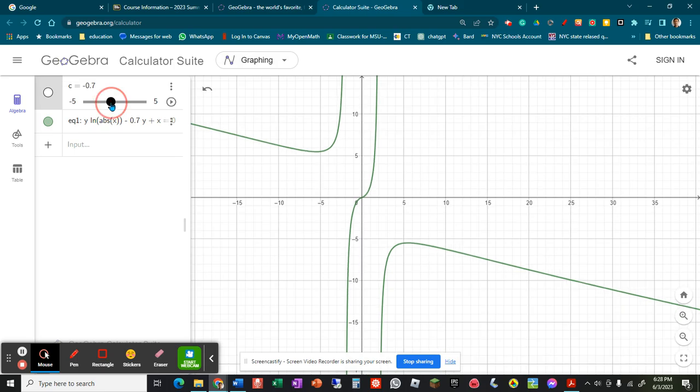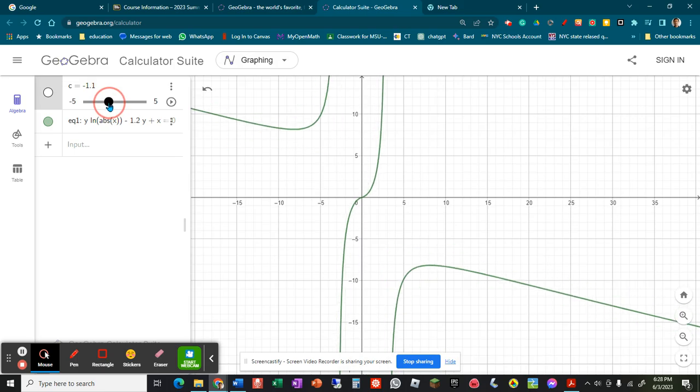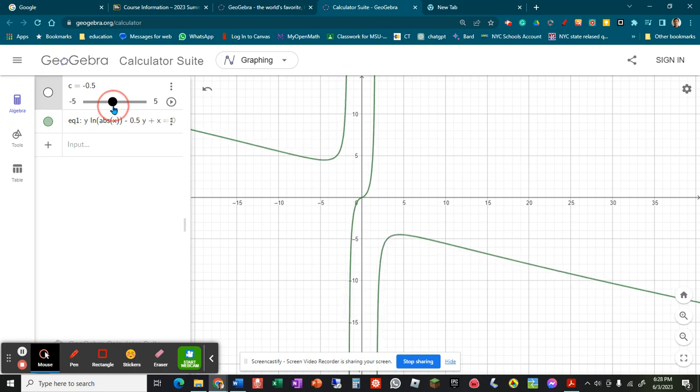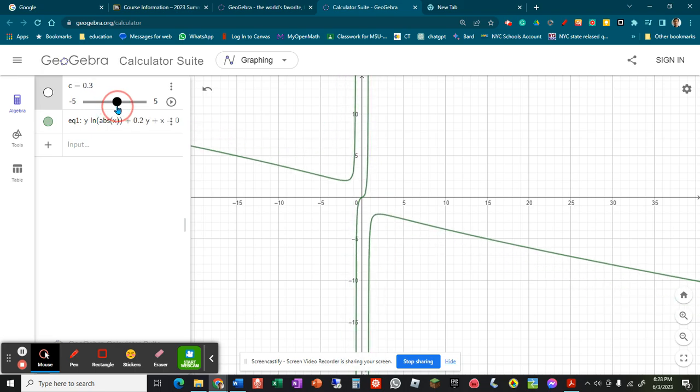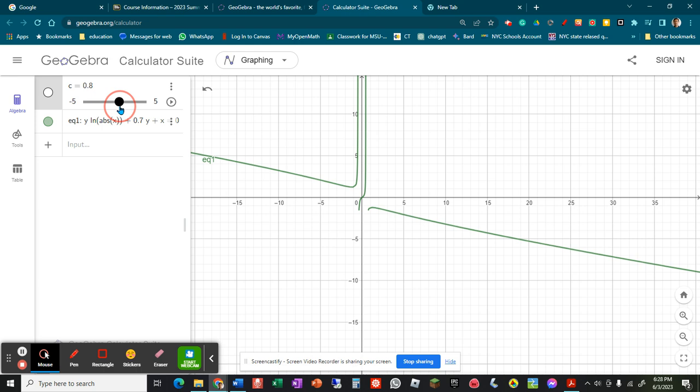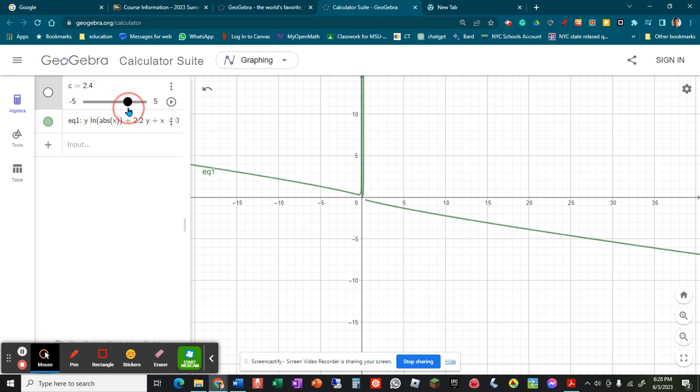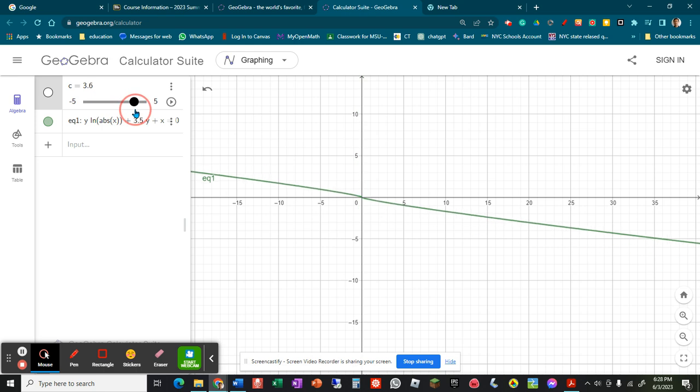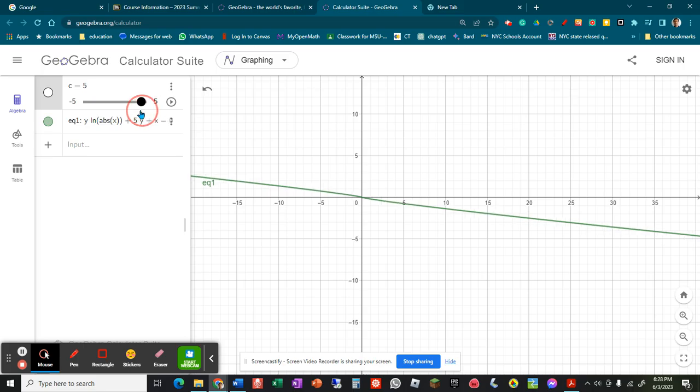So there are three parts of the solution, right? And they merge onto one part as c becomes larger. So you can play around with this in GeoGebra.